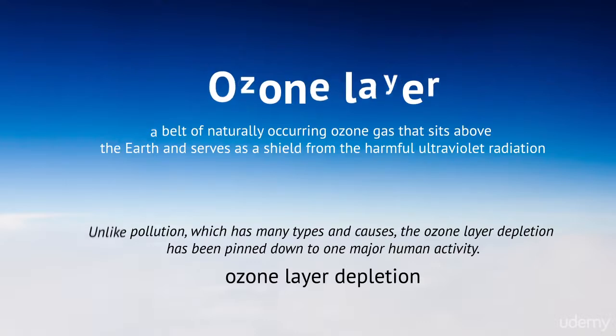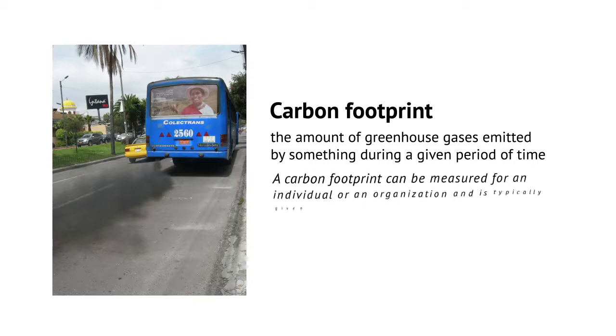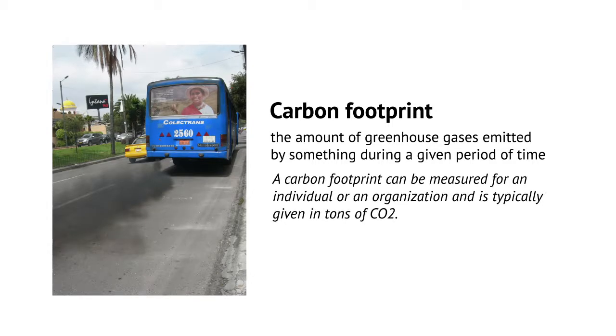Our next word combination is carbon footprint. It is the amount of greenhouse gases emitted by something during a given period of time. Let's find an example. Example: A carbon footprint can be measured for an individual or an organization, and is typically given in tons of CO2.